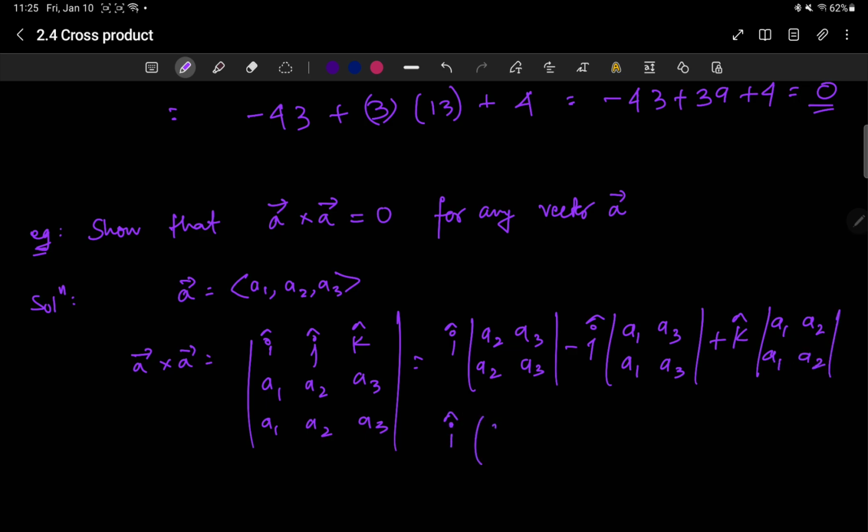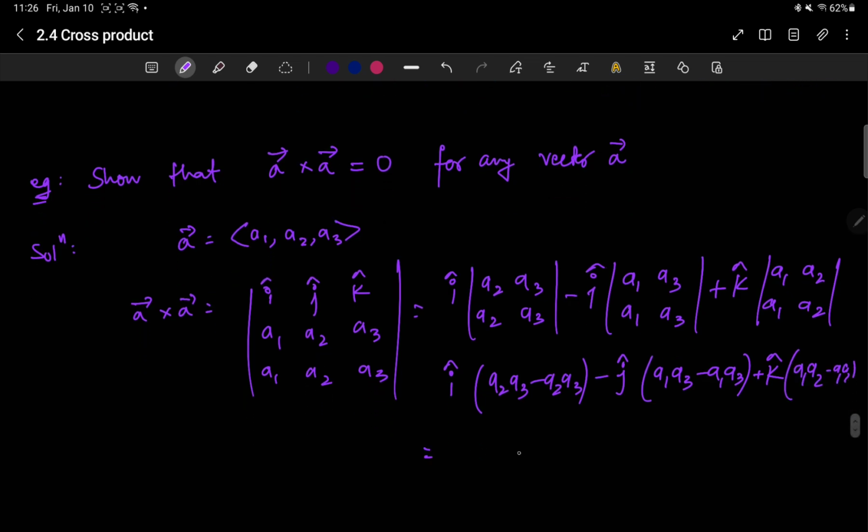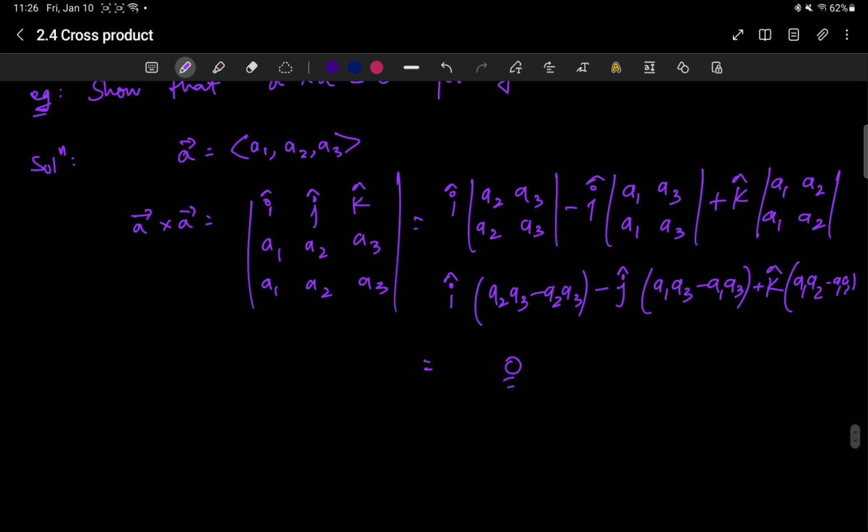So you have i cap (a2 a3 minus a2 a3) minus j cap (a1 a3 minus a1 a3) plus k cap (a1 a2 minus a1 a2). So all of this becomes 0. So if you cross a vector with itself, you get 0.